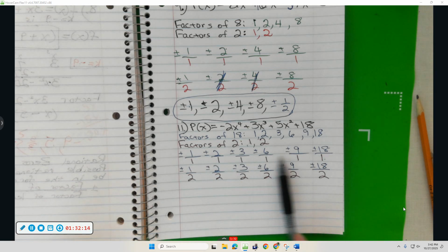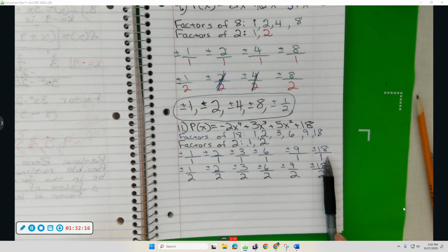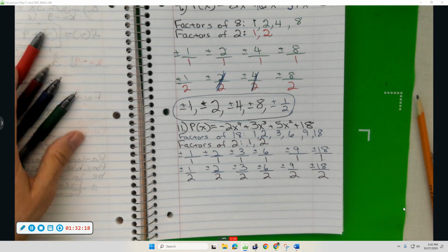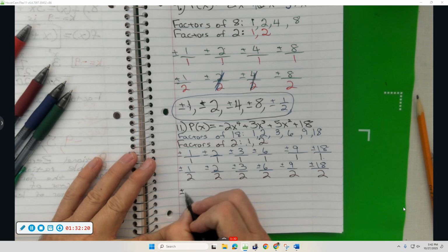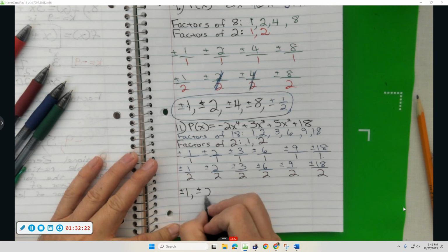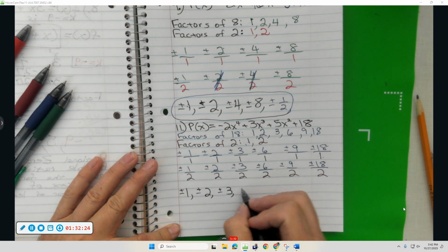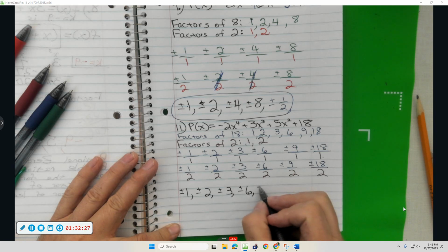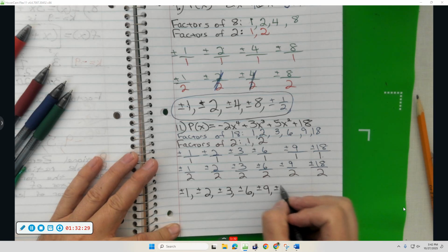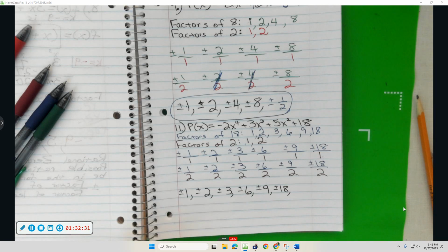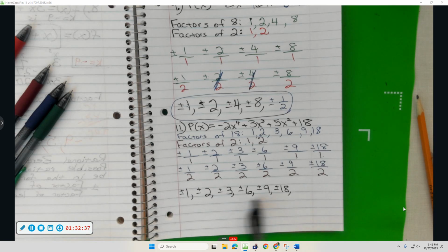All of that first row, the over 1s, we can just drop the over 1. 1 over 1 is just a 1. 2 over 1 is a 2. 3 over 1 is a 3. 6, 9, and 18. Okay, what else? 1/2. Do we already have 1/2 listed here?